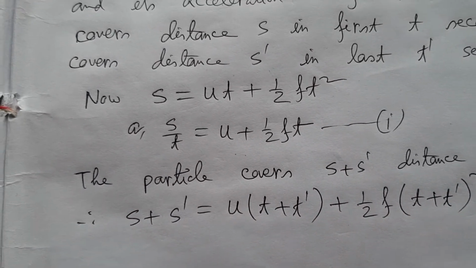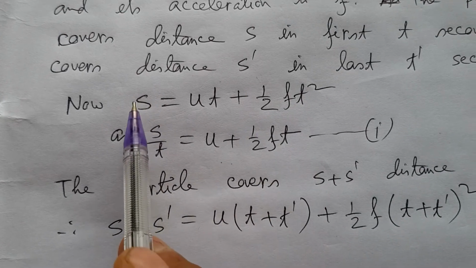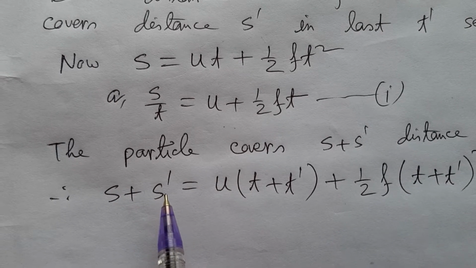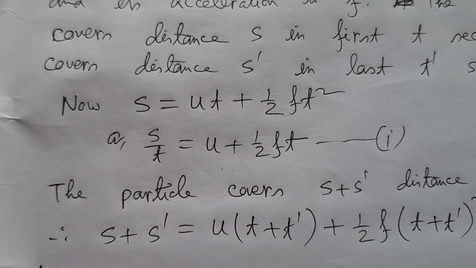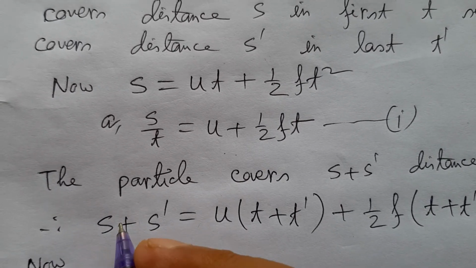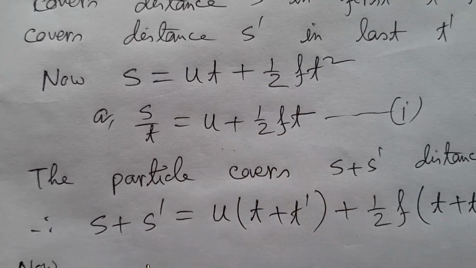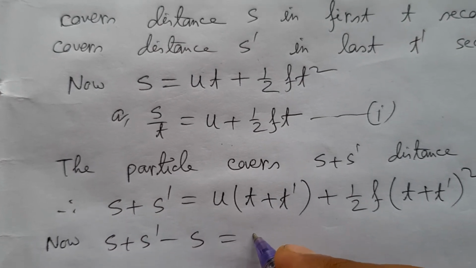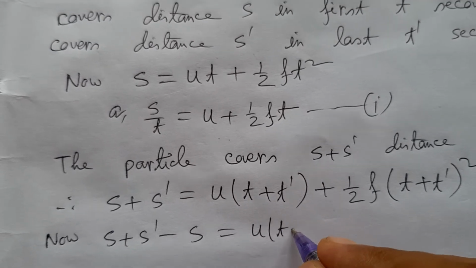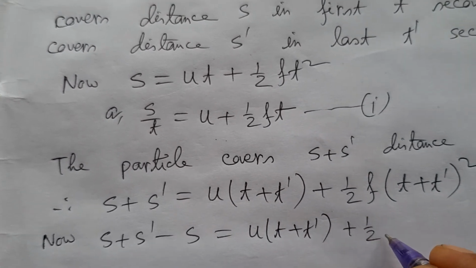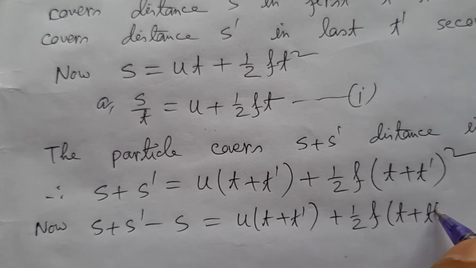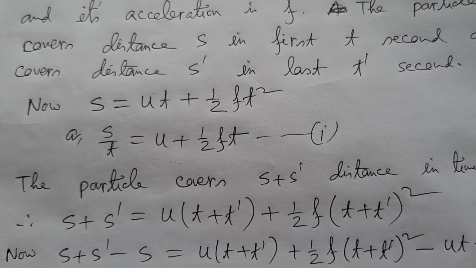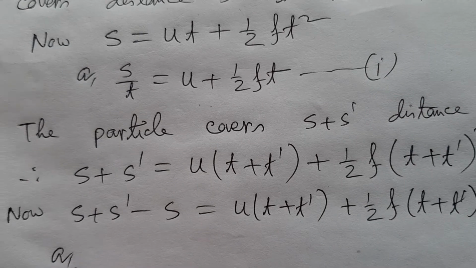Now we subtract this s from here, and then we get s prime, and therefore we will get s prime by t prime. So we subtract the equation s is equal to ut plus half of ft square from the last equation. Then s plus s prime minus s on the left side is equal to, on the right side, u into t plus t prime plus half f into t plus t prime whole square, minus ut minus half of ft square. On the left side we get s prime.